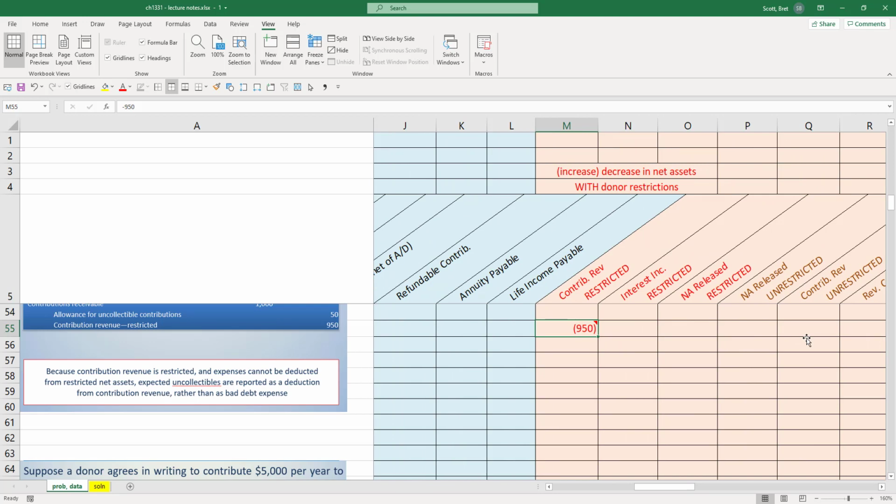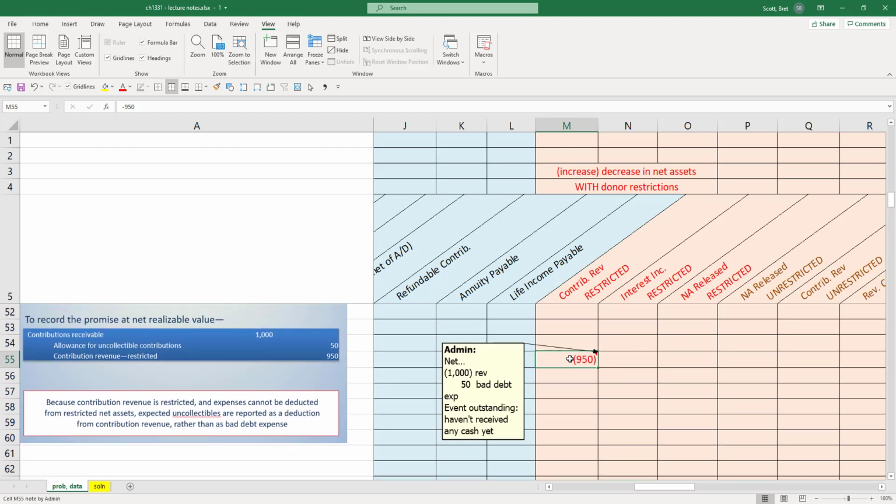Fundamentally, any type of contribution that has certain conditions, meaning that a certain event has to occur in order for this revenue to be realized as earned revenue or contribution unrestricted revenue, certain events need to transpire in order for that to happen.